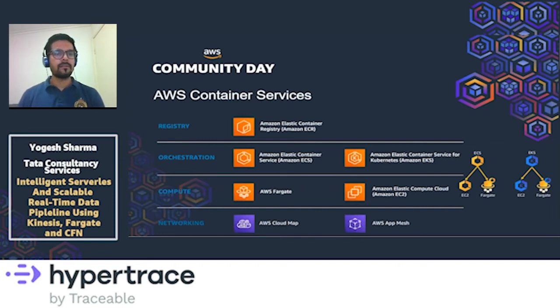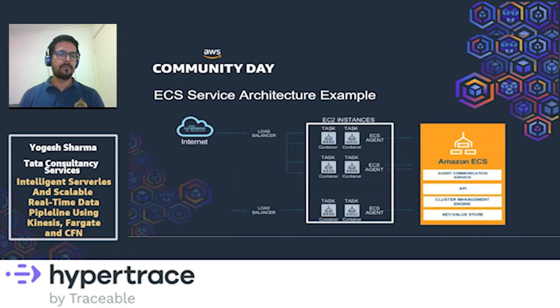So a typical ECS service architecture example would be something like this: we have the load balancer attached to the internet, and users are providing traffic to the load balancer. Then inside the EC2 instances, we have various container tasks running.